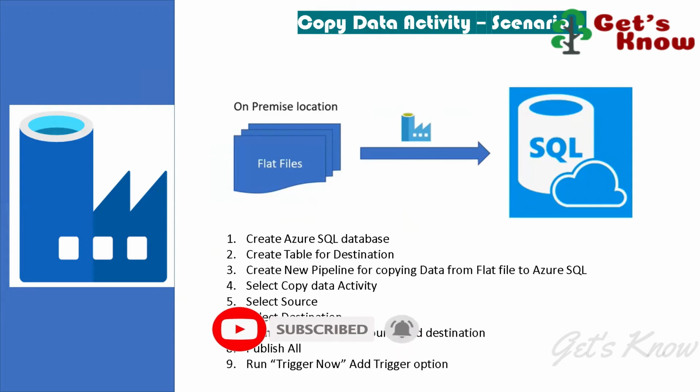After defining the source and the destination, we can also do the mapping of the fields between the source and destination. Then we have to save it. For saving, we have to publish, and then we can use the trigger now to run the process. This is the step we have to do in ADF.